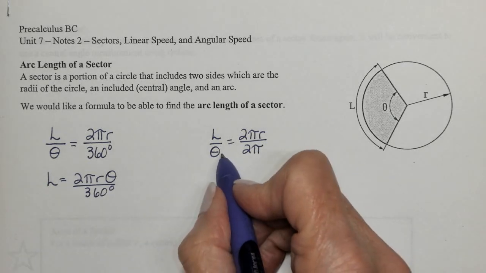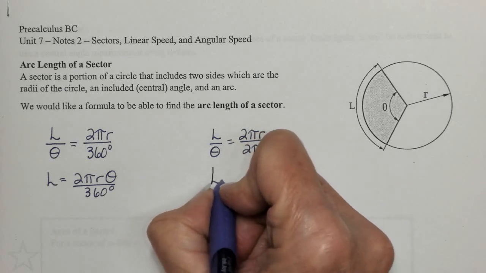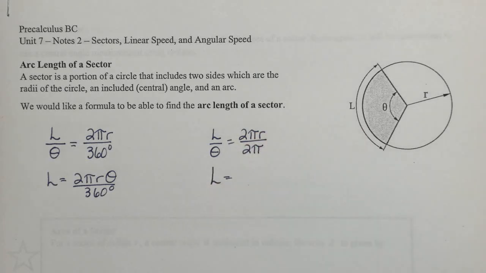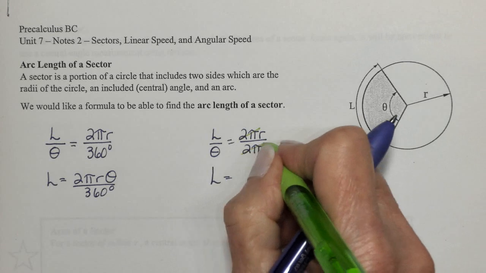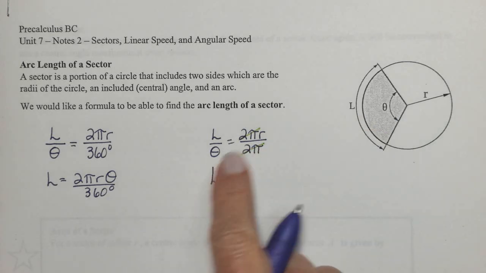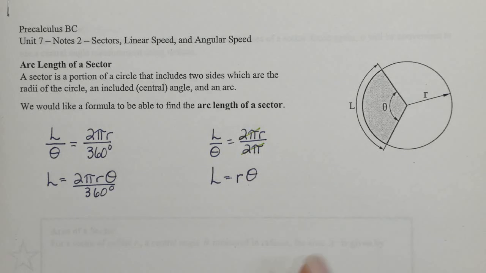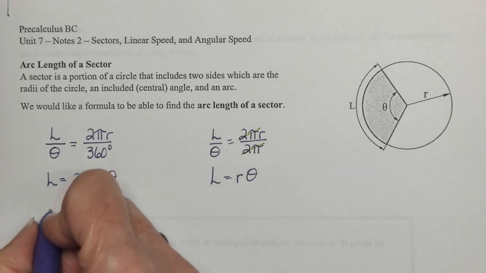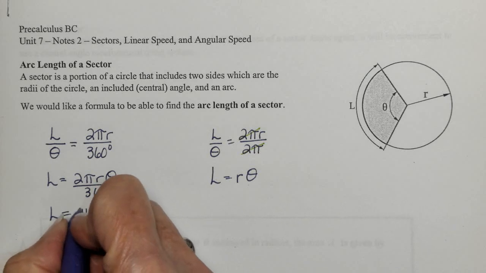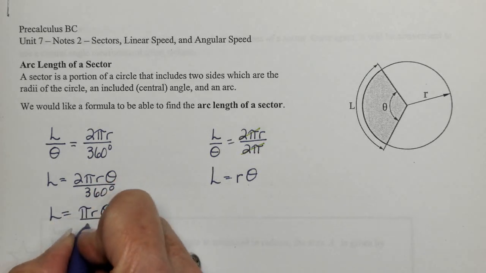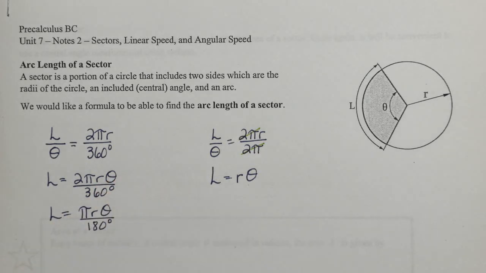But if theta is in radians, look what happens over here. The 2 pi's cancel, and when we multiply by theta, we just get our theta. If theta is in radians, this is our formula. If theta is in degrees, this is our formula, which we can reduce and make it pi r theta over 180 degrees.